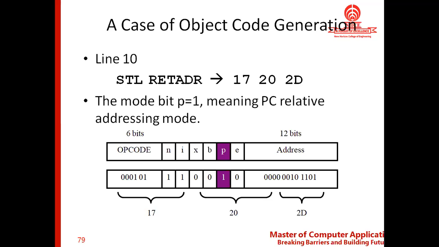So what is the formula for TA? TA is equal to PC plus displacement. I'll just go back to the slide so that I can show you the formula.